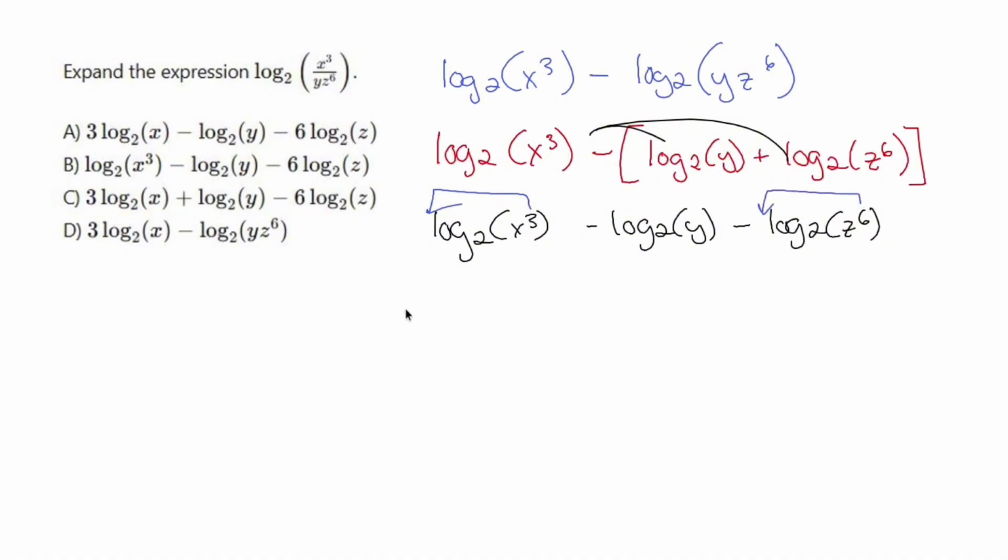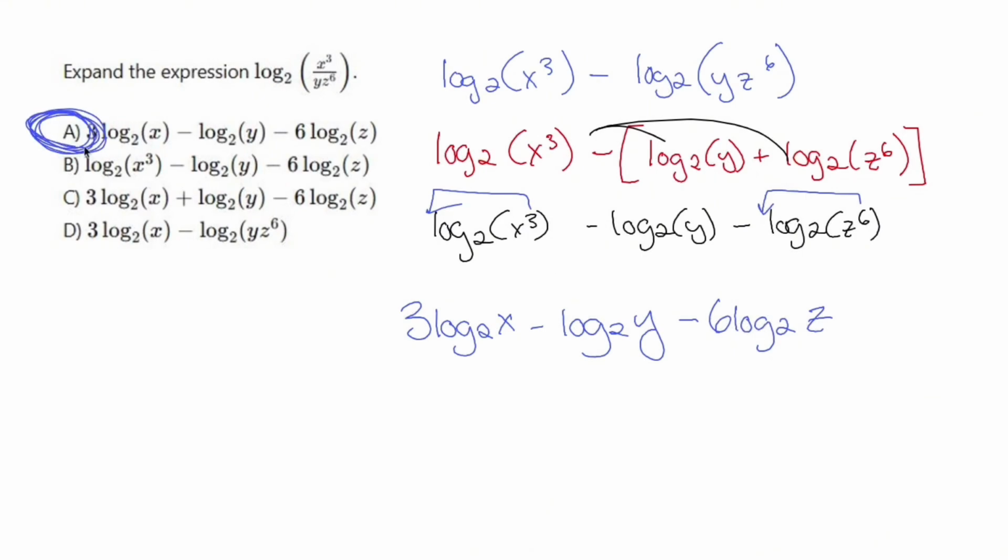So finally we end up with 3 log base 2 of x minus, nothing happens here, log base 2 of y minus 6 log base 2 of z. And that's going to be a baby.